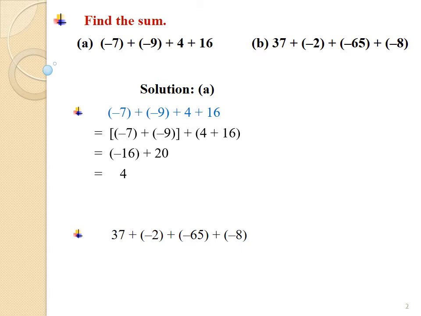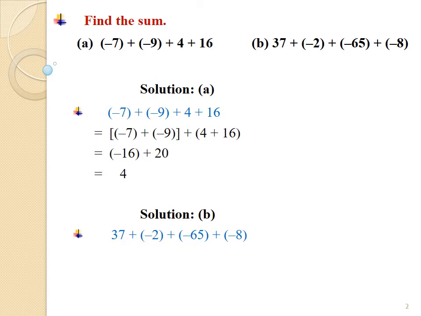Now, sum B. 37 plus minus 2 plus minus 65 plus minus 8. Students, let us regroup the numbers and make the pairs of these given integers.